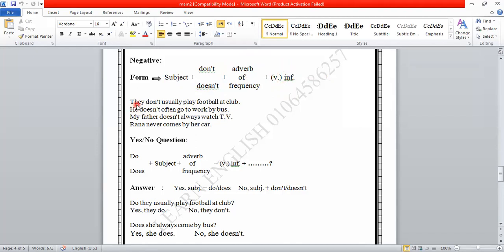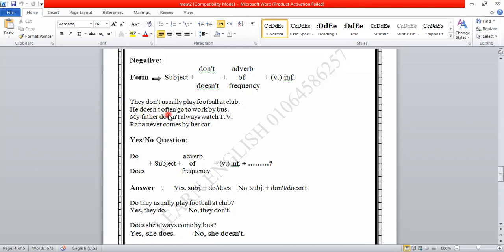Let's explain the examples. Number one, they don't usually play football at club. We put the pronoun they as subject, and we put don't for negative, usually, and play, the main verb, in infinitive, and you complete the sentence till the end.